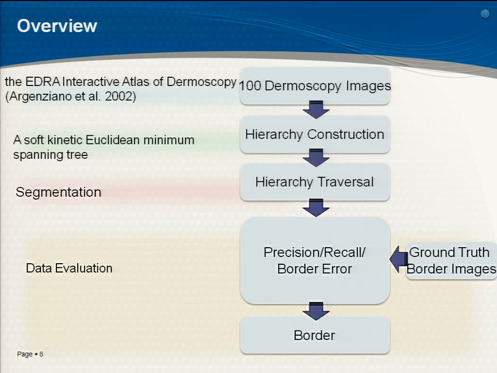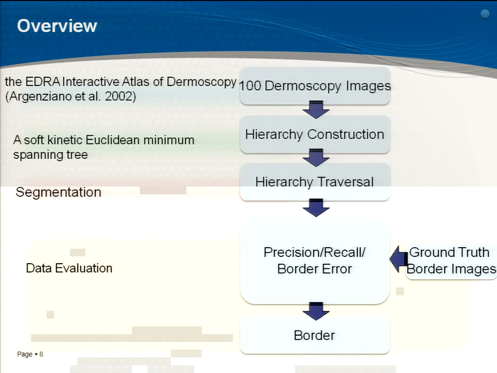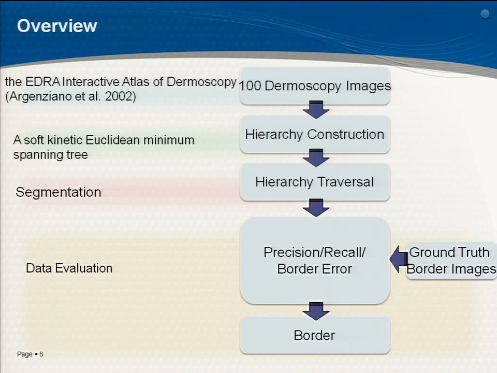Then by doing segmentation, traversing the tree. After the segmentation, we find the precision, recall and border error. Then we do comparison between the segmented image and ground border images, and we found precision, recall and errors.